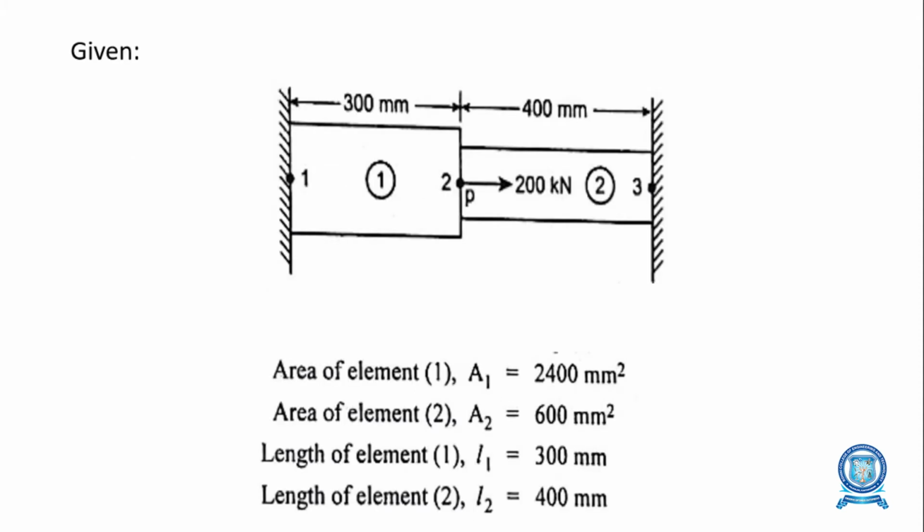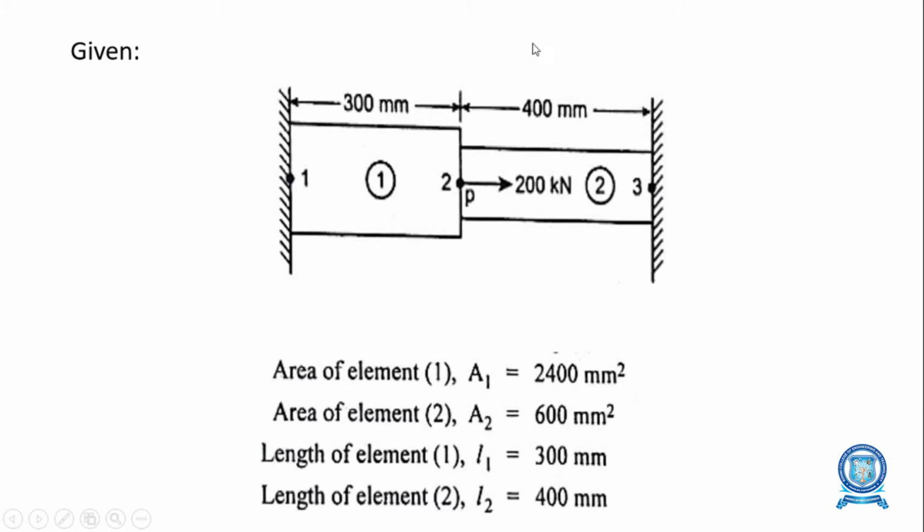Here we simplify the diagram for our convenience. Normally, for each element there are two nodes. For the first element, we give two nodes, node number 1 and node number 2. The length of the element is 300 mm.